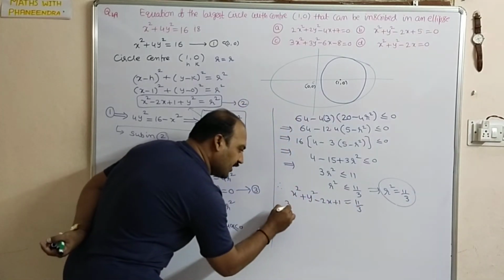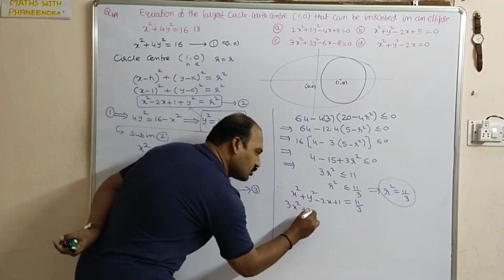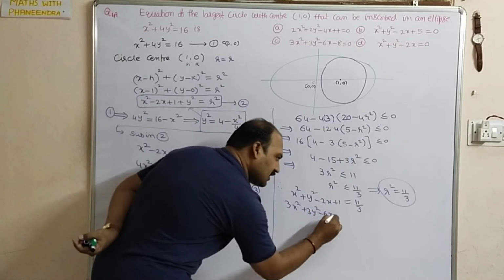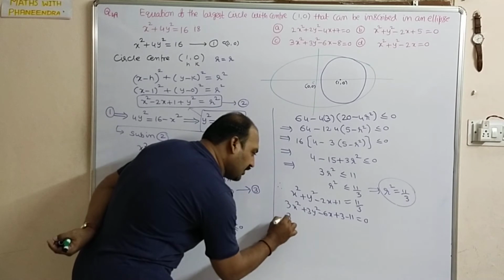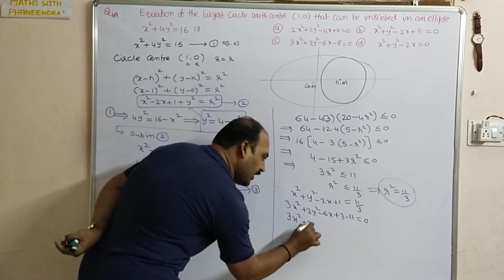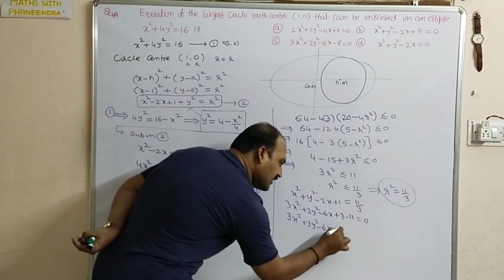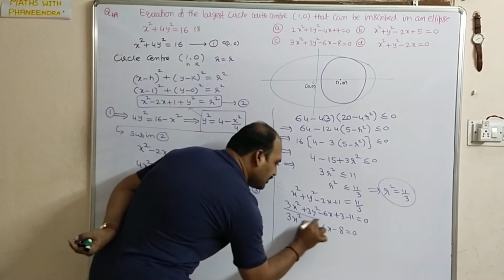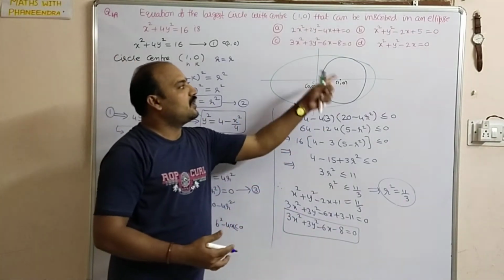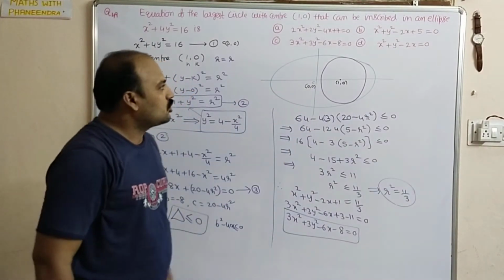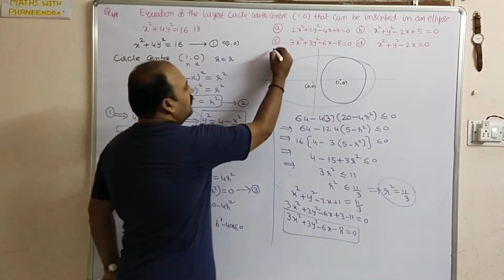Cross multiplying, 3x square plus 3y square minus 6x plus 3 minus 11 equal to 0. Taking 11 to this side, 3x square plus 3y square minus 6x minus 8 equal to 0, which is the required equation of the largest circle in the ellipse. So it is in the third option.